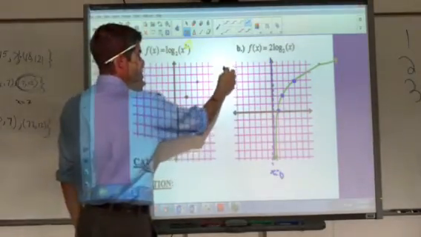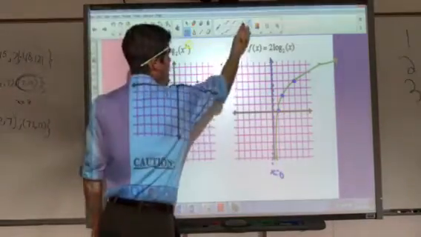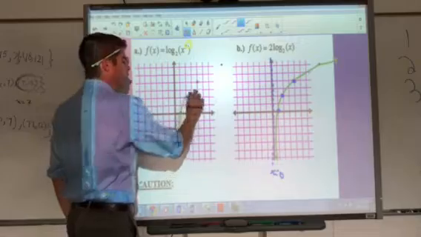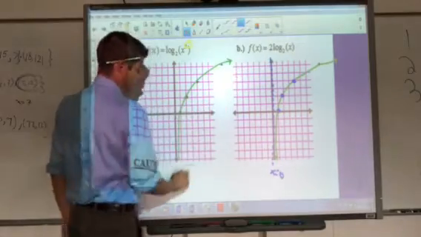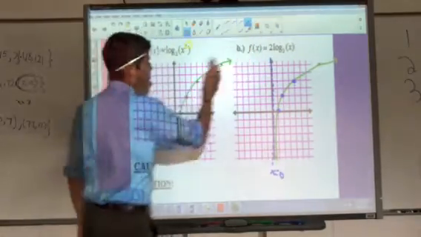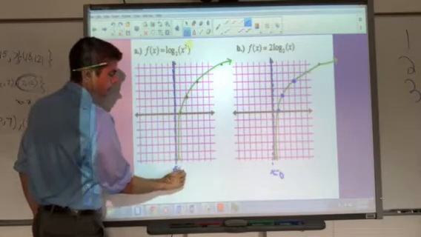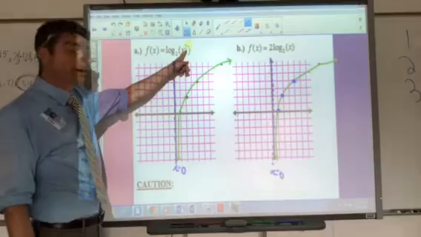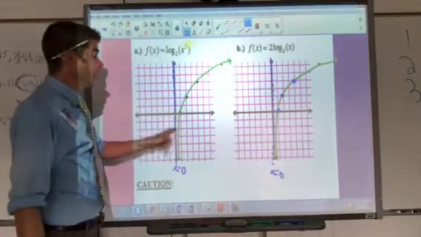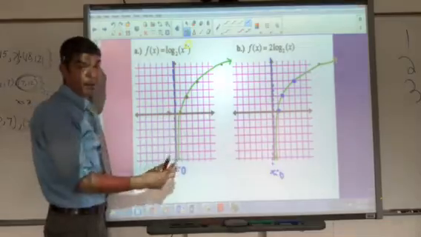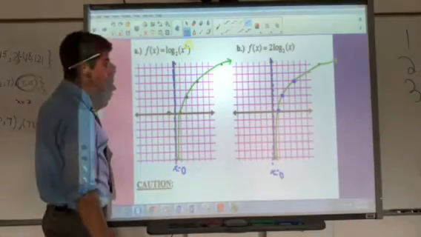So I get the same first part of the graph. So here's our log curve. Okay, and I still have my vertical asymptote at x equals 0. But then because I'm squaring it before I log, that means that 1 and negative 1 are going to behave the same because they both output 1.